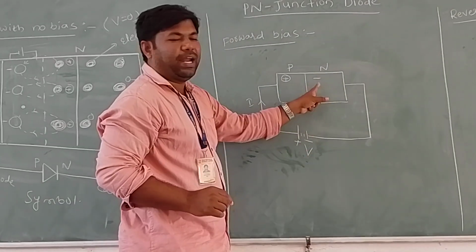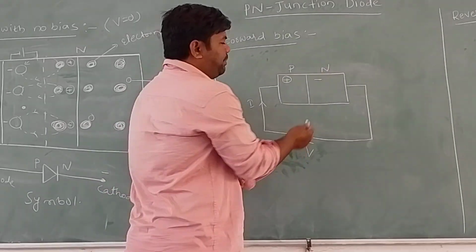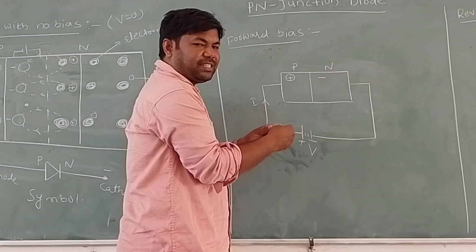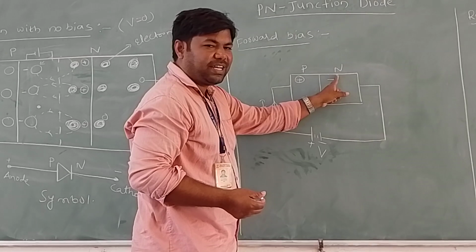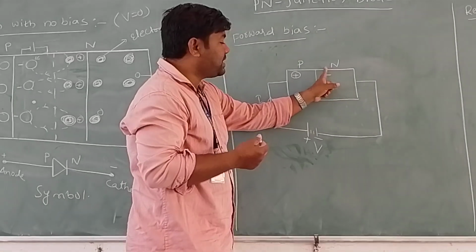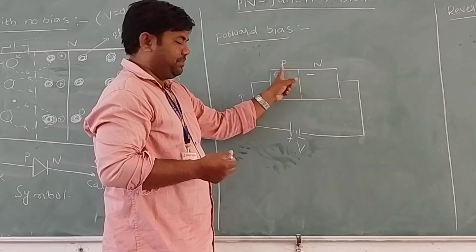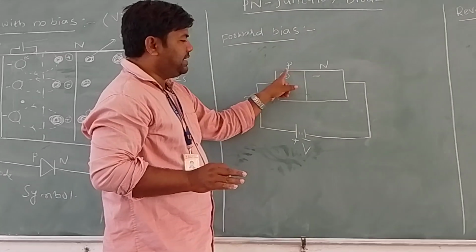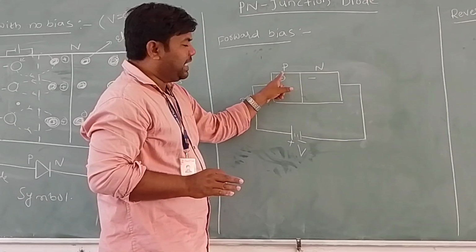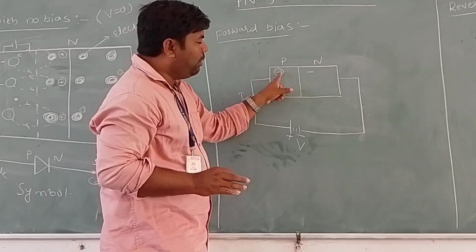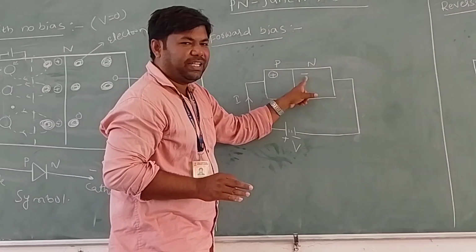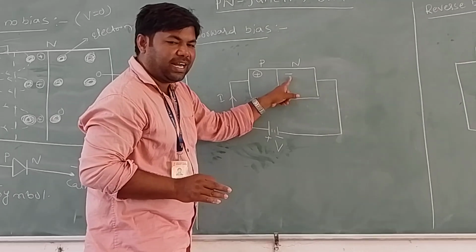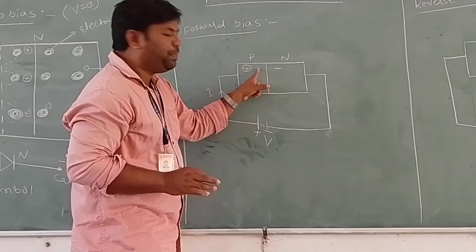The same polarity means they repel each other, so the N side majority charge carriers move towards the P region. The P region majority charge carrier holes move towards the N region, and the N region electrons move towards the P region.